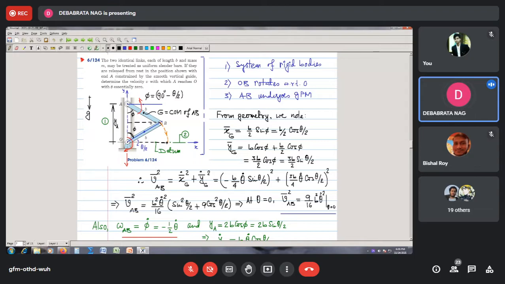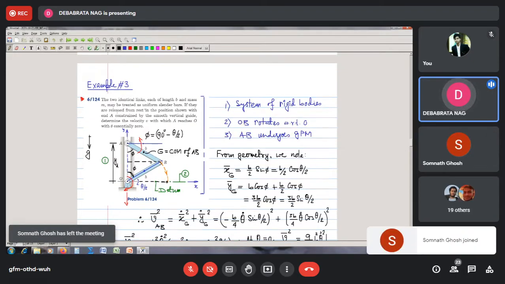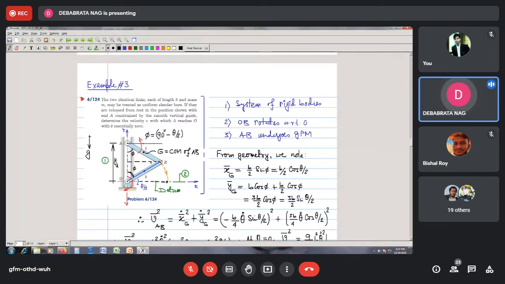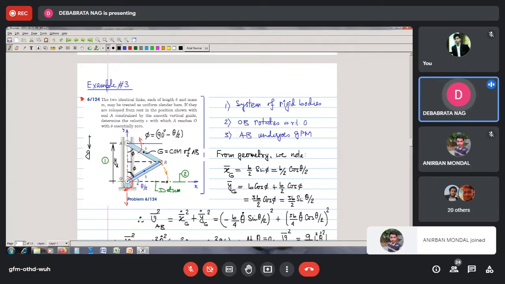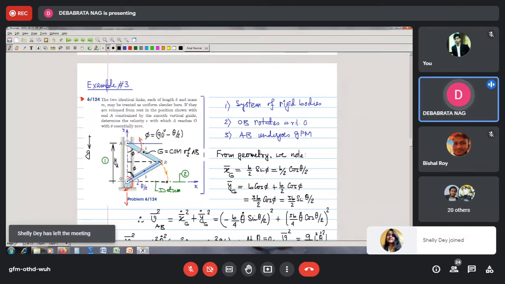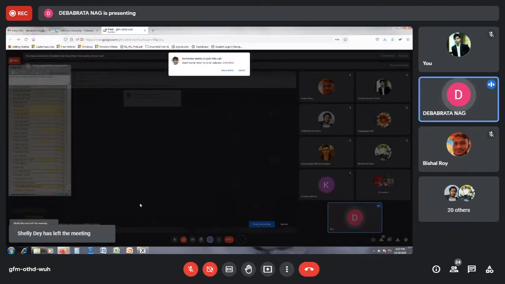So you see that this was the example that we discussed in our earlier class, in which case we have two rods or two links, which can be treated as slender rods. One of them was connected to a pivot point, and it is able to rotate with respect to the hinge point.